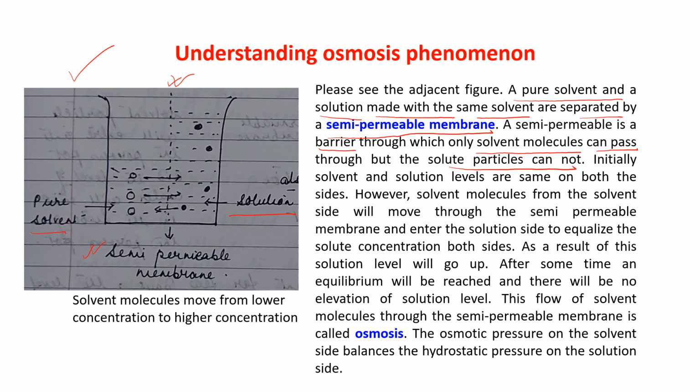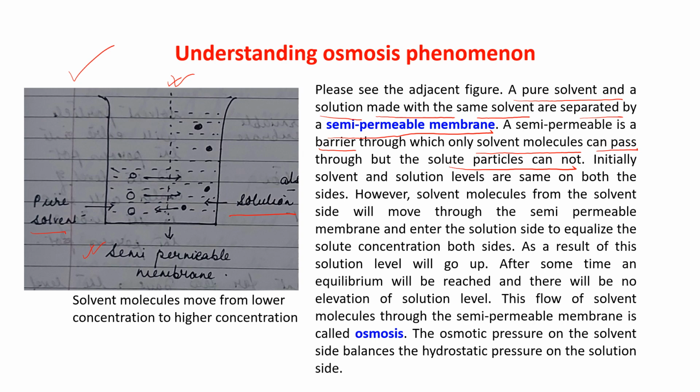And after entering the solution side, it will equalize the solute concentration on both sides. Because pure solvent will enter the solution side, naturally the amount of solvent will increase, so the concentration of the solute will decrease in that.